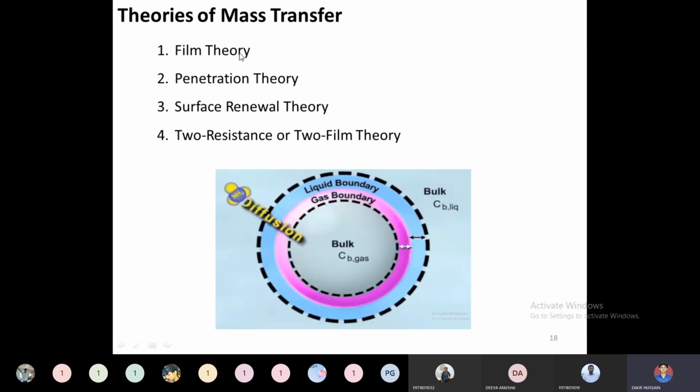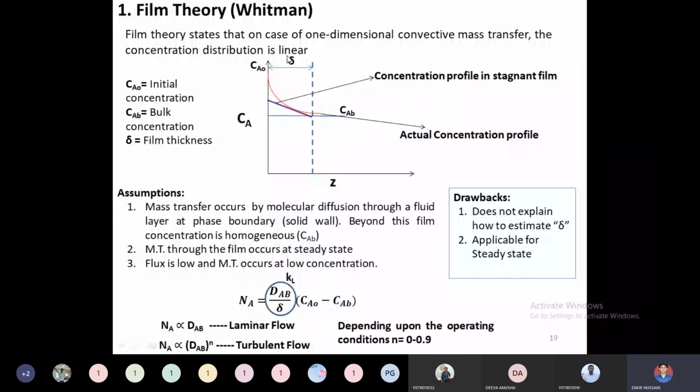It was first proposed by Whitman around 1923. Whitman says that the mass transfer will take place only in this boundary layer, whose thickness he denoted as delta. The thickness of that boundary layer, the stagnant film, is nothing but a thickness delta.